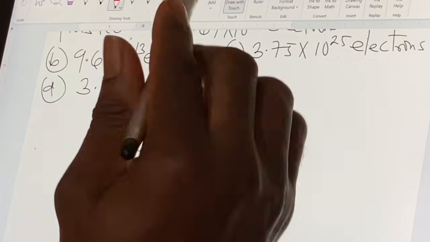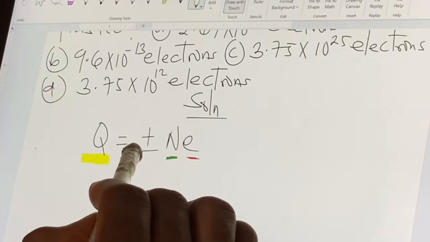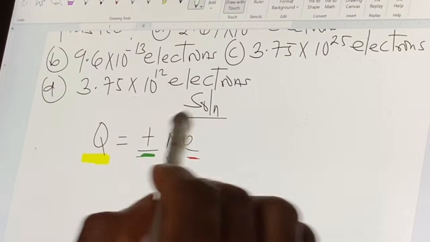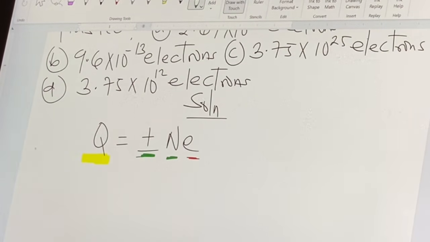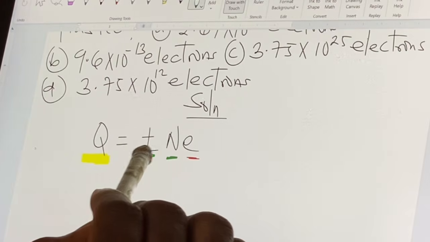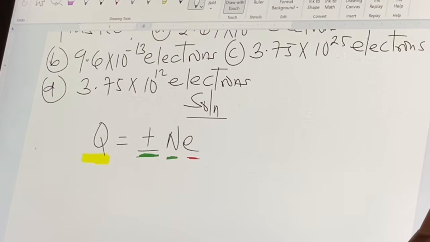So if the E is an electron, the sign that will be taken here is minus. But if the E is a proton, the sign that will be taken here is plus. Please take note. So let's add the available parameters given to us here.